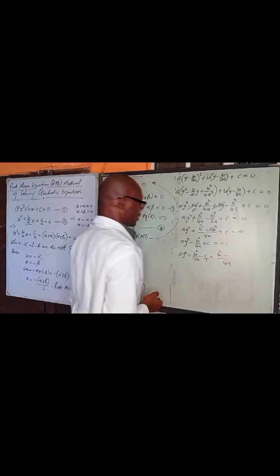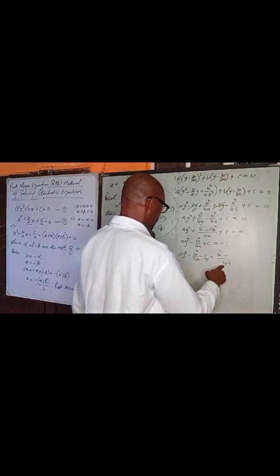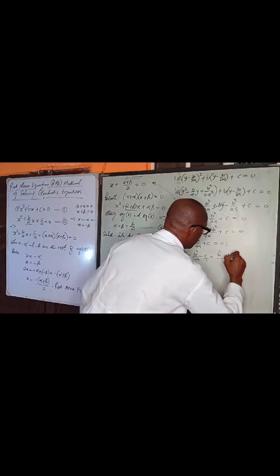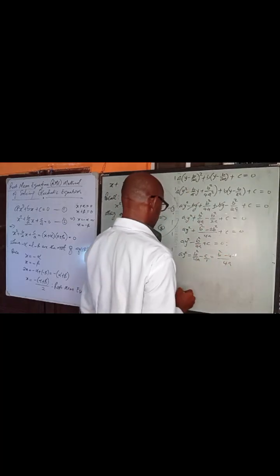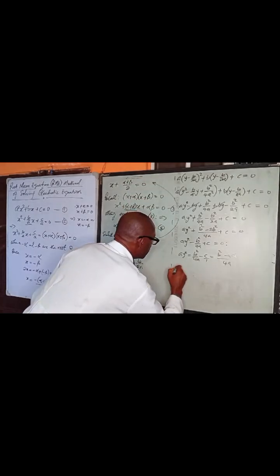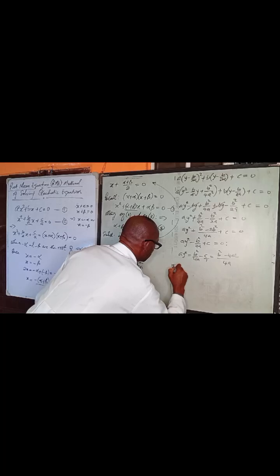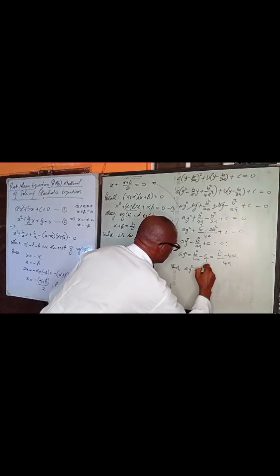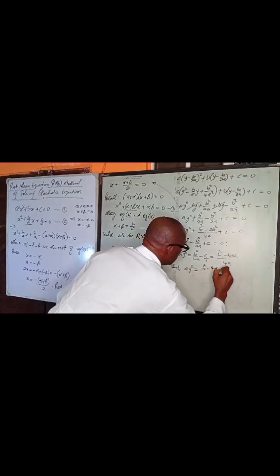Of course, you can take this as equals to 1. 1 into this 4a times this, you have minus 4ac. So we have 4ac. Okay? So thus we have ay square is equals to b square minus 4ac all over 4a.